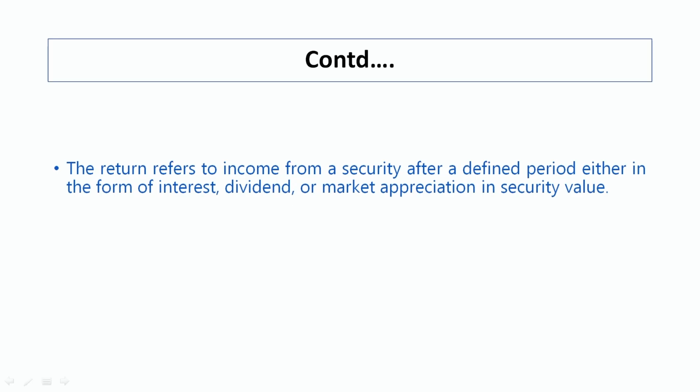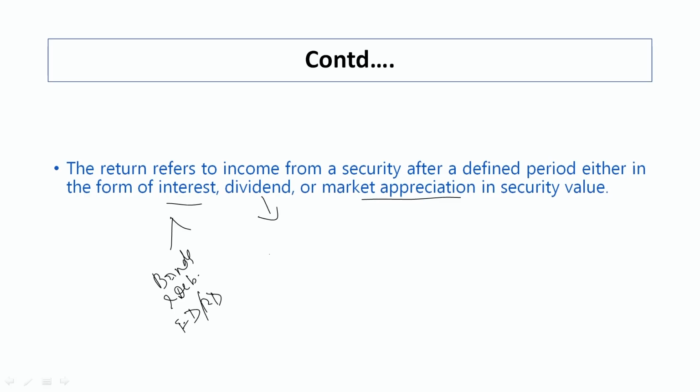Now, if we want to conclude what is return, the return refers to the income from a security after a defined period, either in the form of interest, dividend or market appreciation in the security value. Interest in case of bonds and debentures, or we can say FDs, RDs.